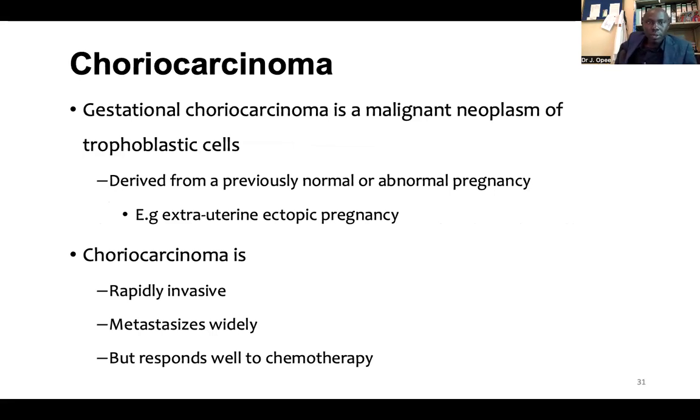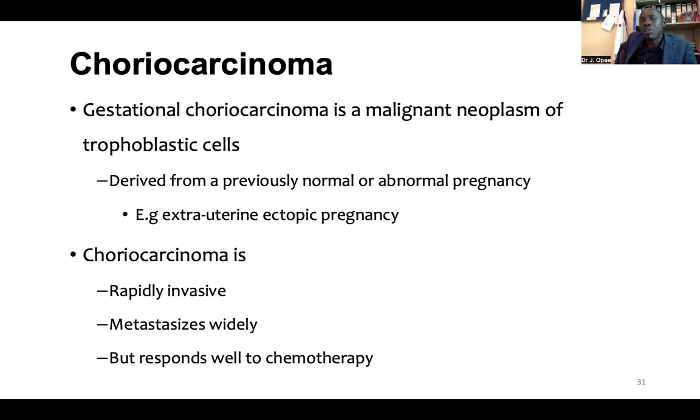What about choriocarcinoma? Choriocarcinoma, in this case gestational choriocarcinoma, because we can also have what we call non-gestational choriocarcinoma, and non-gestational choriocarcinoma occurs in children. But here we're talking about pregnant women. Someone gets pregnant and develops choriocarcinoma.